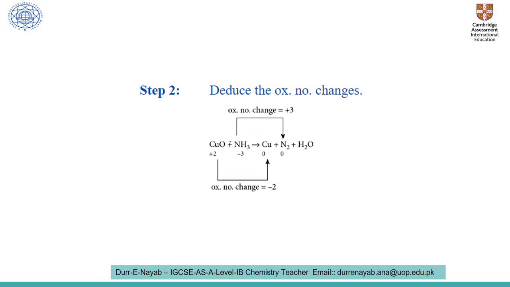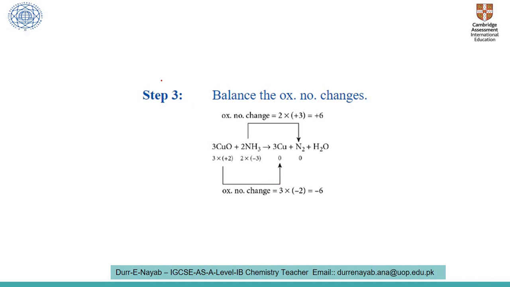So you can see over here +2 to 0. This means this copper has gained 2 electrons. This is the gain. And over here from -3 to 0, this means nitrogen has lost its electrons. Okay, this is done now.